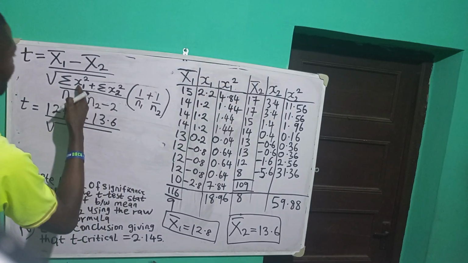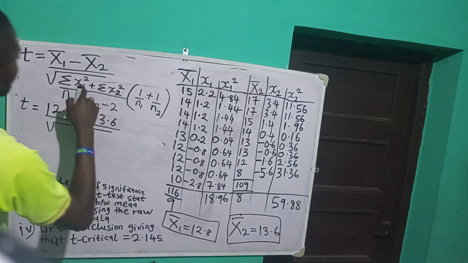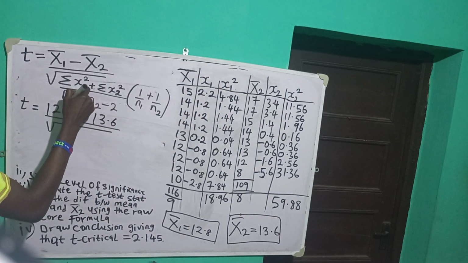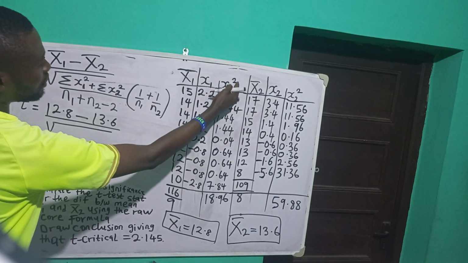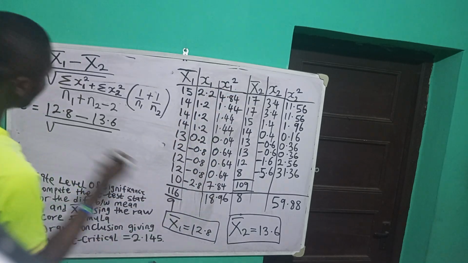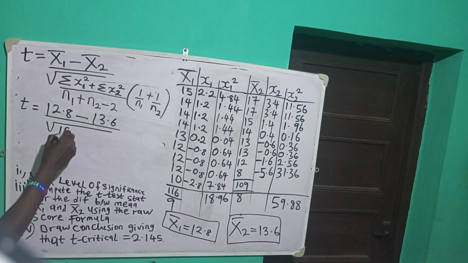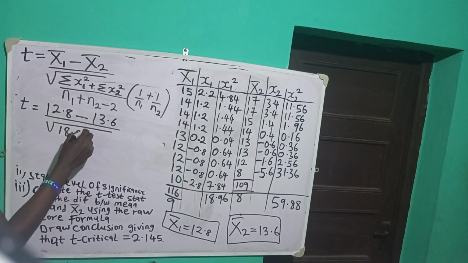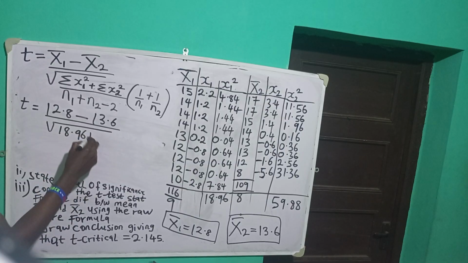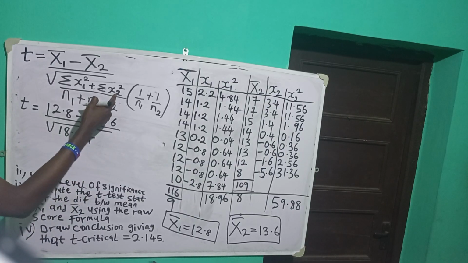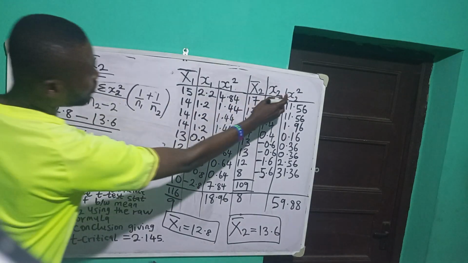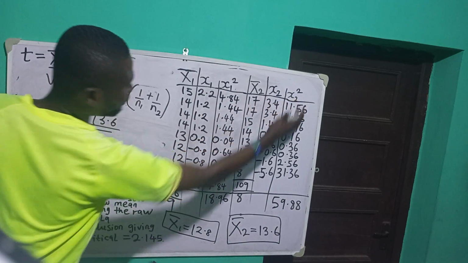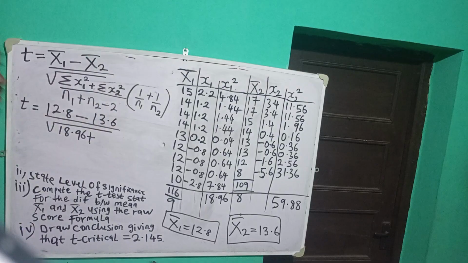From the formula, the sum of x1 raised to power 2 is 18.96, plus the sum of deviation from mean 2 raised to power 2, which I got here as 59.88.